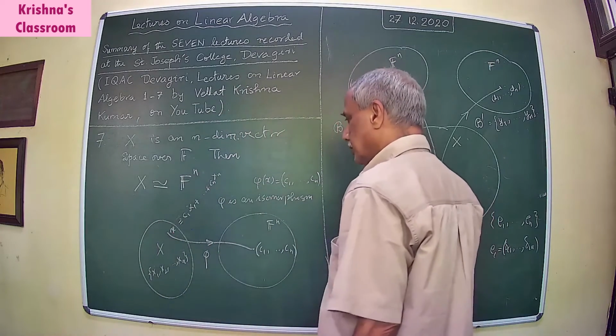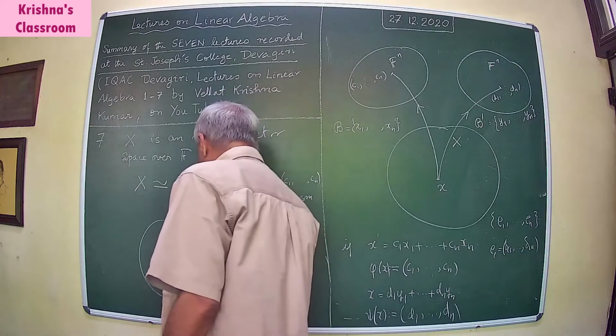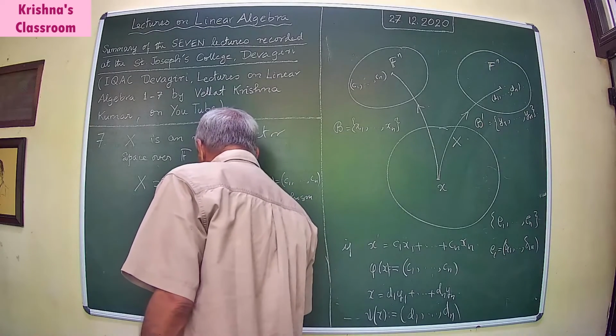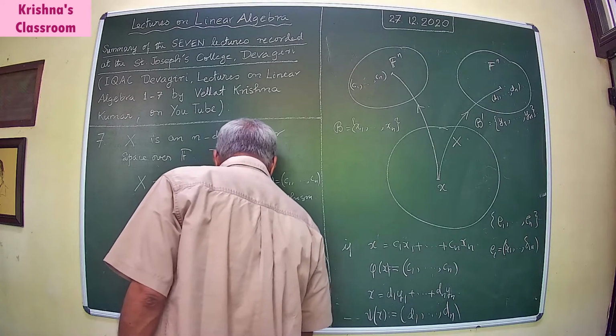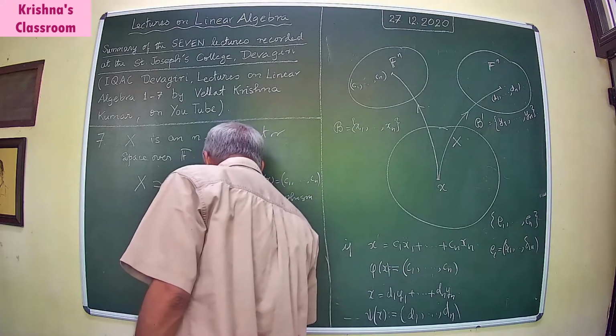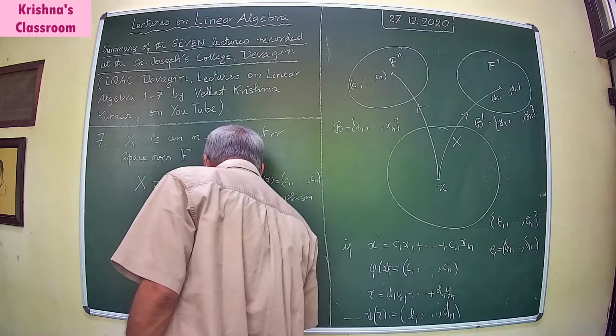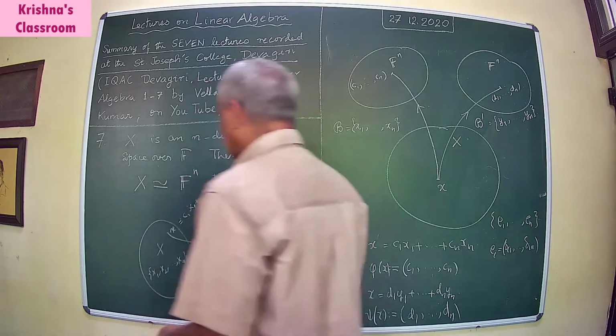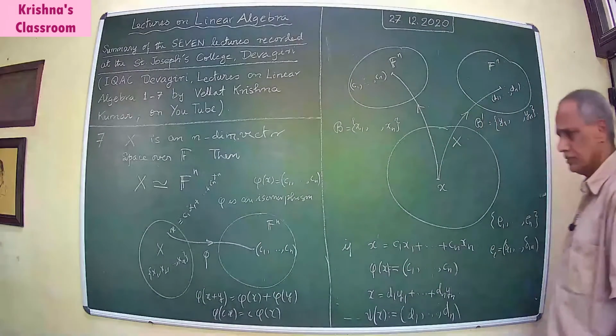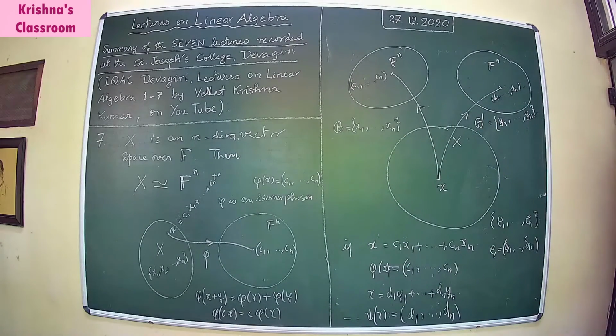What does it mean? That phi of x plus y is equal to phi x plus phi y, and phi of alpha x equals alpha phi x. That means the map preserves the linearity. That's the meaning of that. Okay, now coming back here.